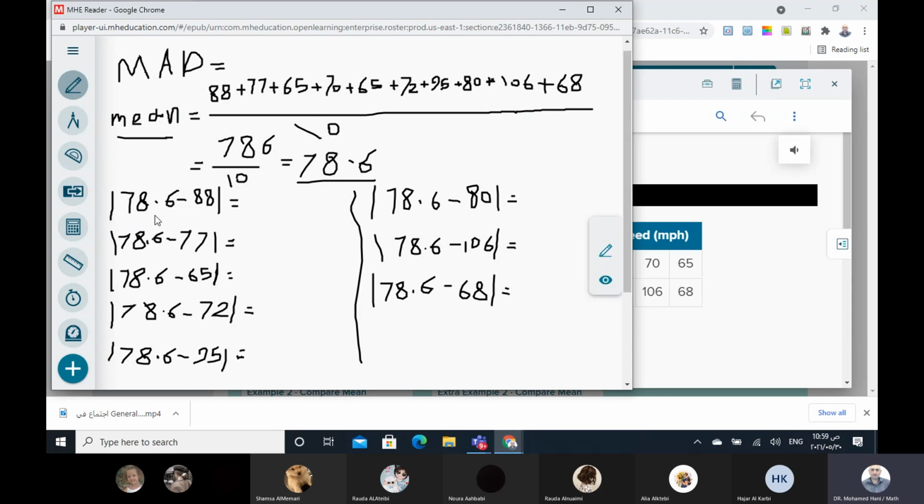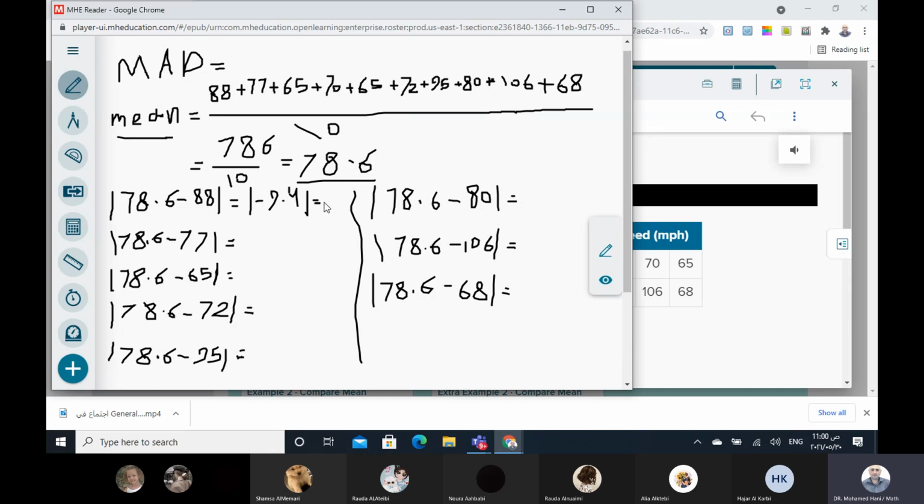We have here the first one. We have 78.6 minus 88 will be minus 9.4. And as you remember, the absolute value changes the negative to the positive.